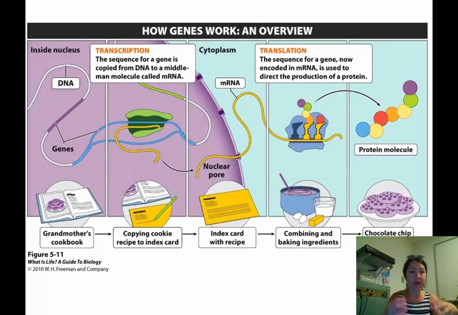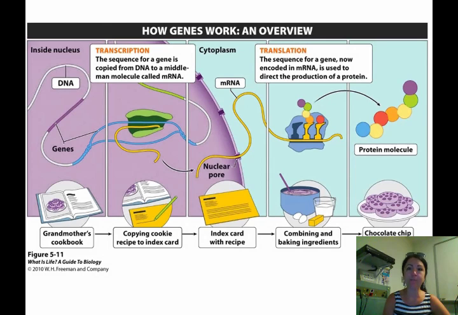That would be like taking your index card with your recipe out of grandmother's kitchen and to your kitchen. So that's our mRNA there.